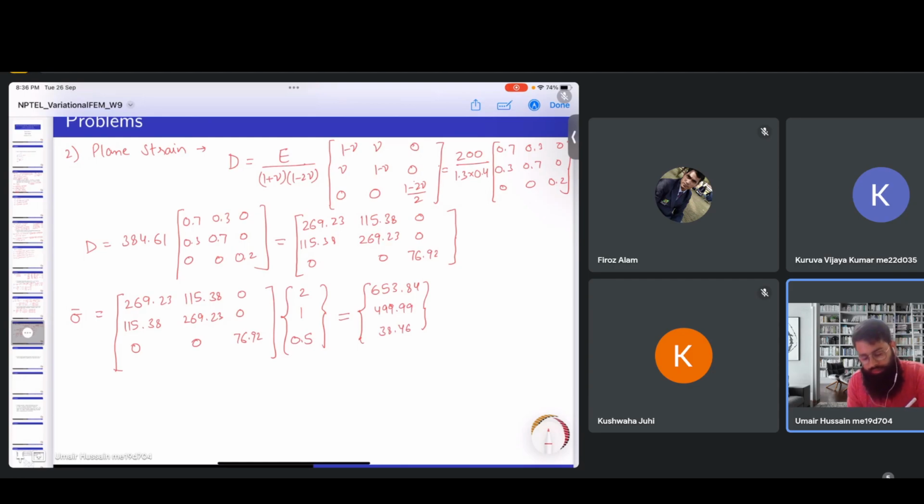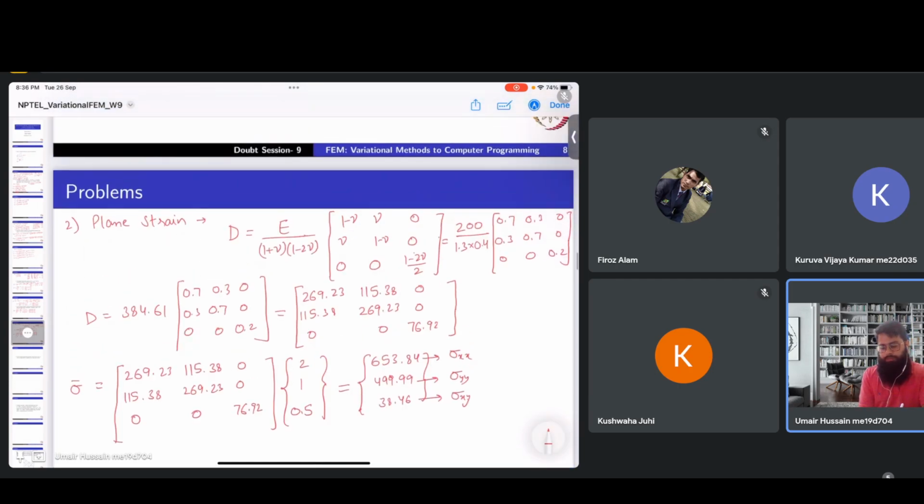Okay, so this is our stress in the x direction, stress in y direction, and this is our shear stress in xy direction. So this is our stress vector for plane strain condition.